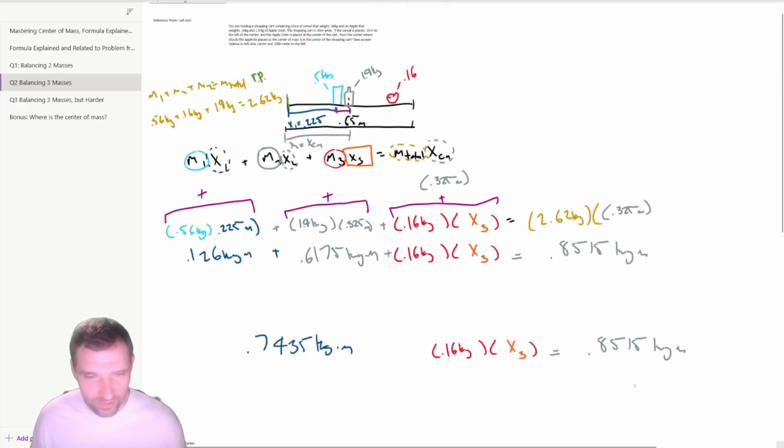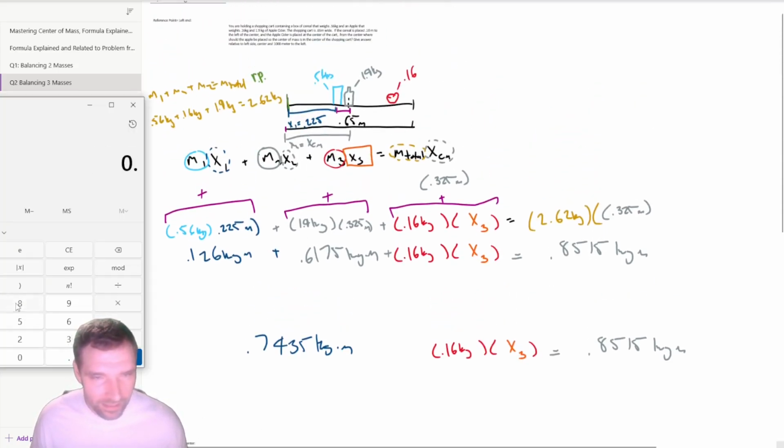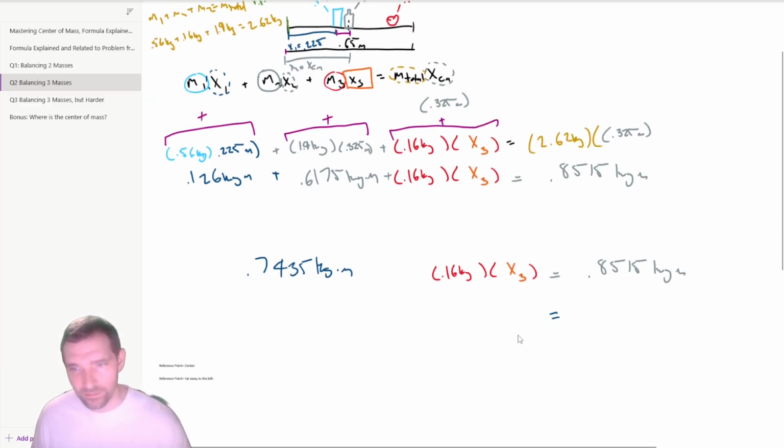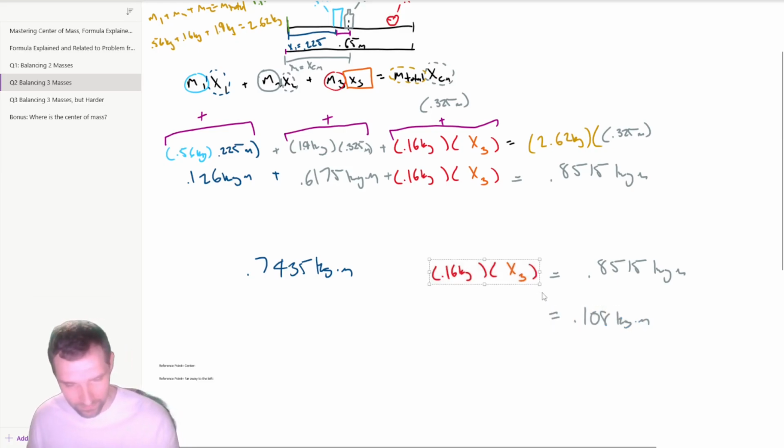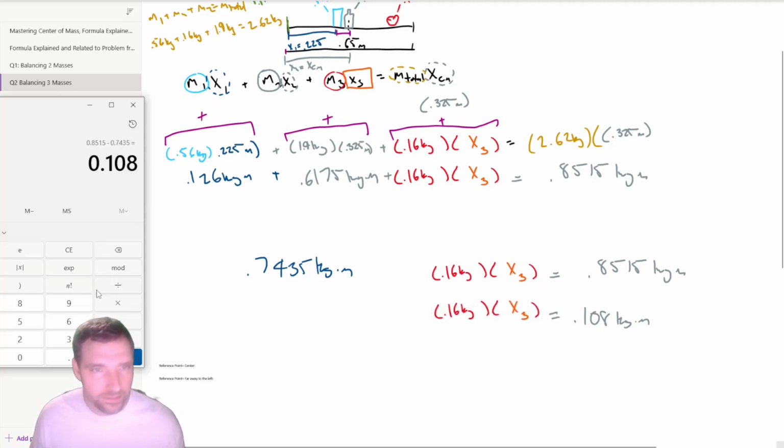So we just do a little rearranging. 0.8518 minus the 0.7435. So we've got that number now on the left, 0.108 kilogram meters being equal to this, and we can just divide by the 0.16 kilograms to get that displacement.